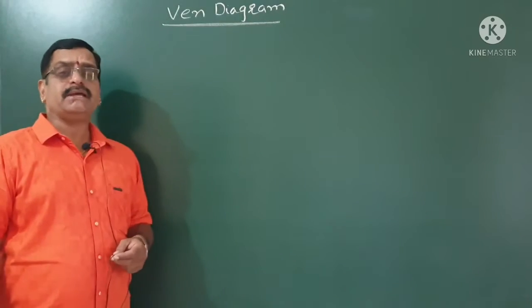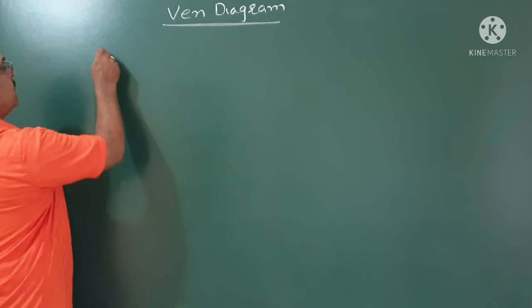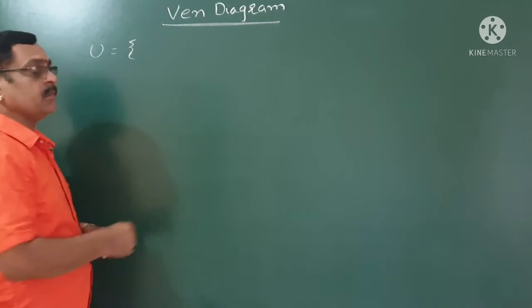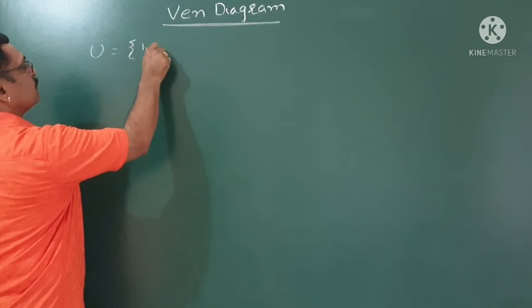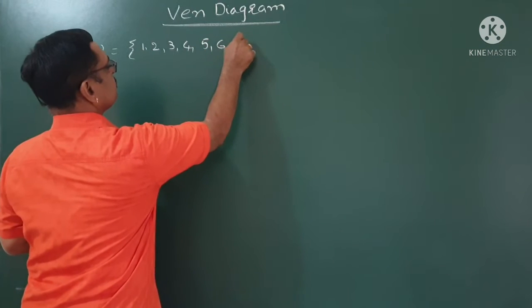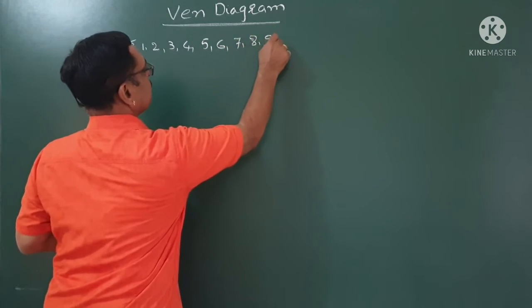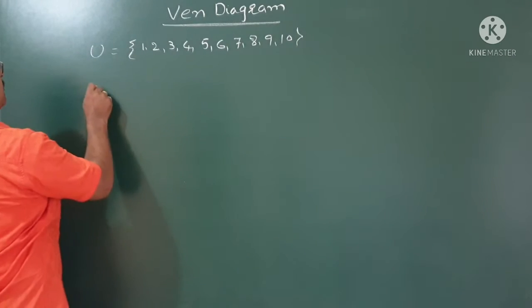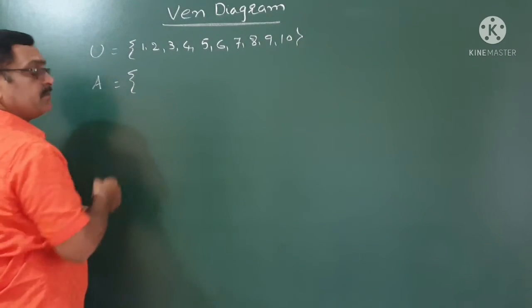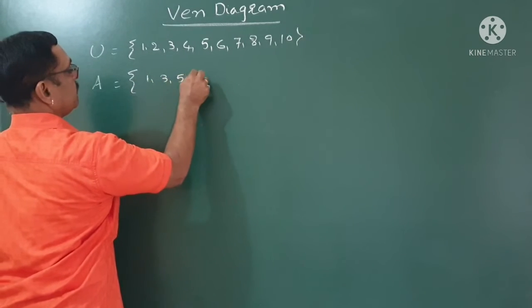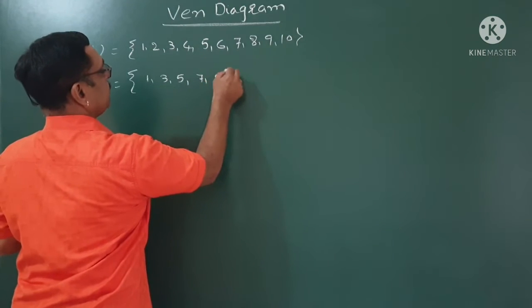For example, in a particular context, I have U, the universal set, 1, 2, 3, 4, 5, 6, 7, 8, 9, and 10. And let's say A is the subset of it, which contains the elements 1, 3, 5, 7, 9.